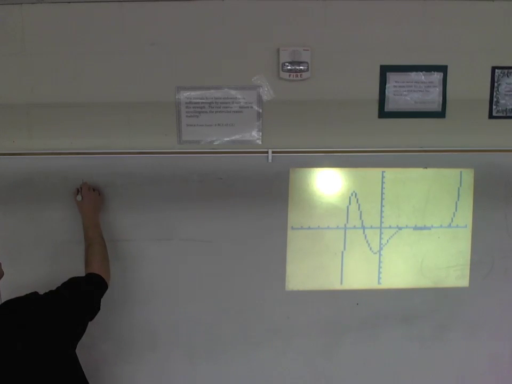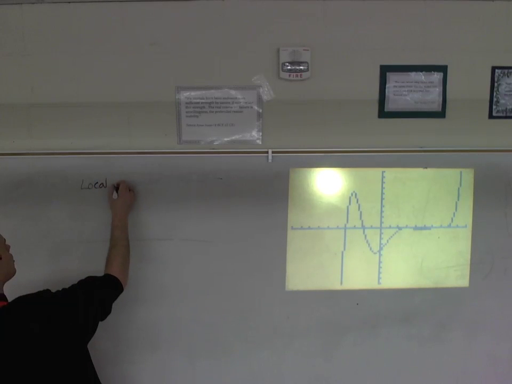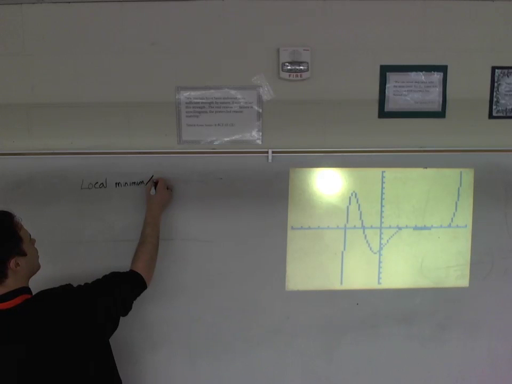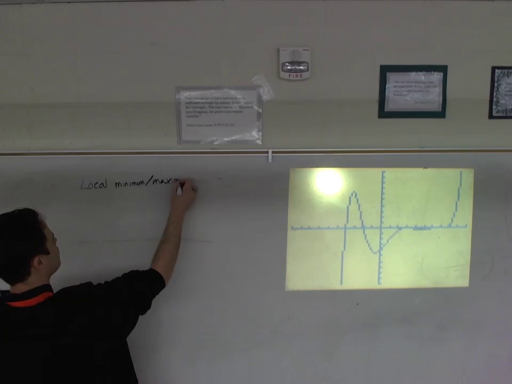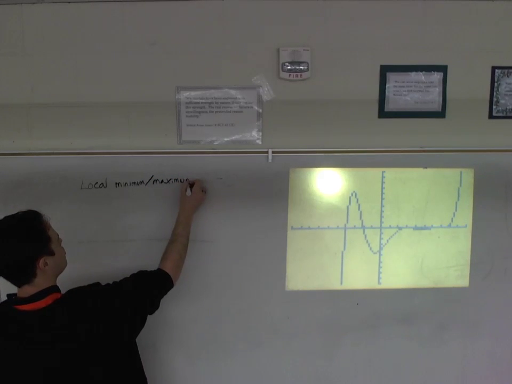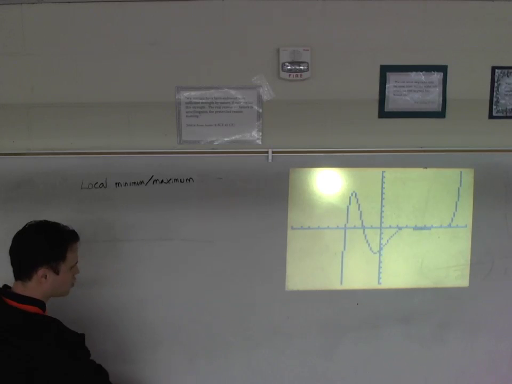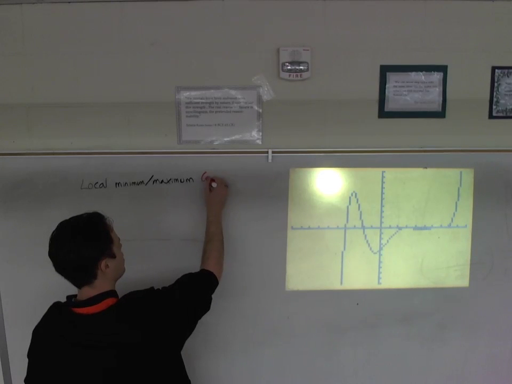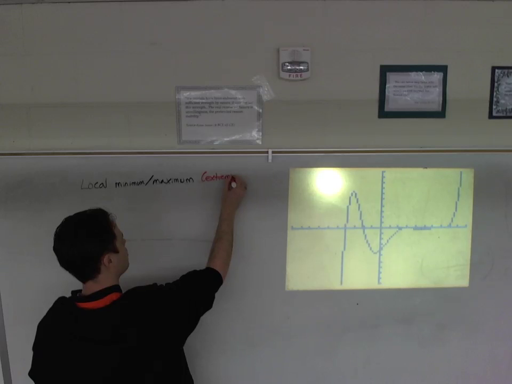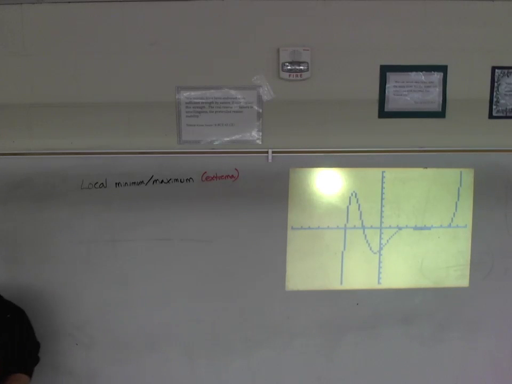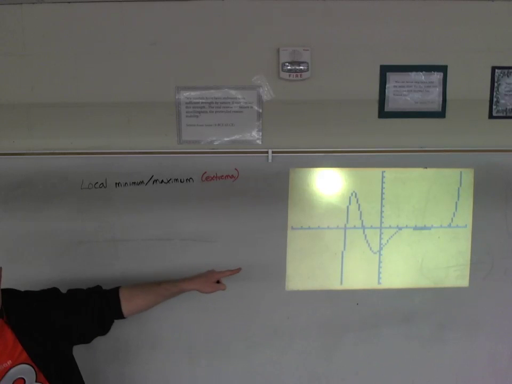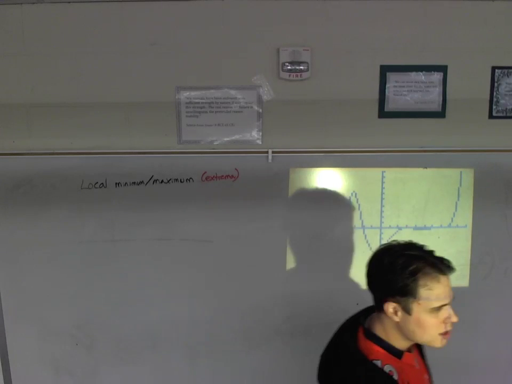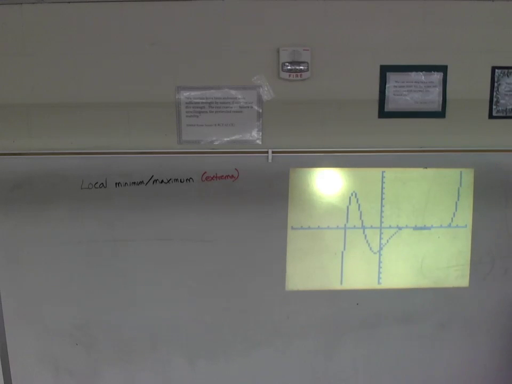So when they say local minimum or maximum, they might also use the word extrema. Either one of those is called a local extrema. How many does this graph have? It's kind of hard to see since it's zero. What do you guys think that means, local minimum or maximum? Any ideas?